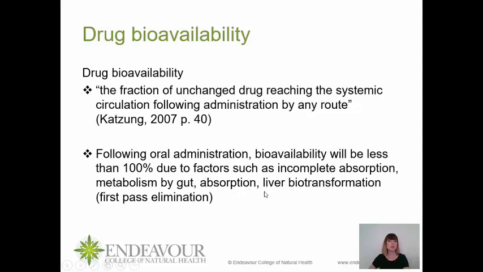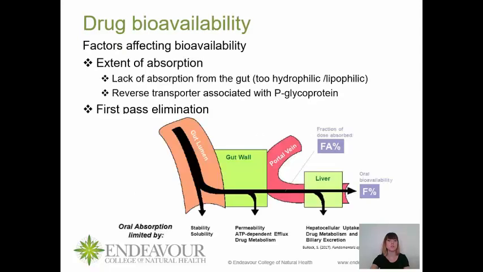And then also this aspect called liver biotransformation, or what we call first pass elimination, is going to be very important in reducing bioavailability following oral administration. So this first pass elimination is very important to understand. It's one of the major determinants of drug bioavailability via the oral route.